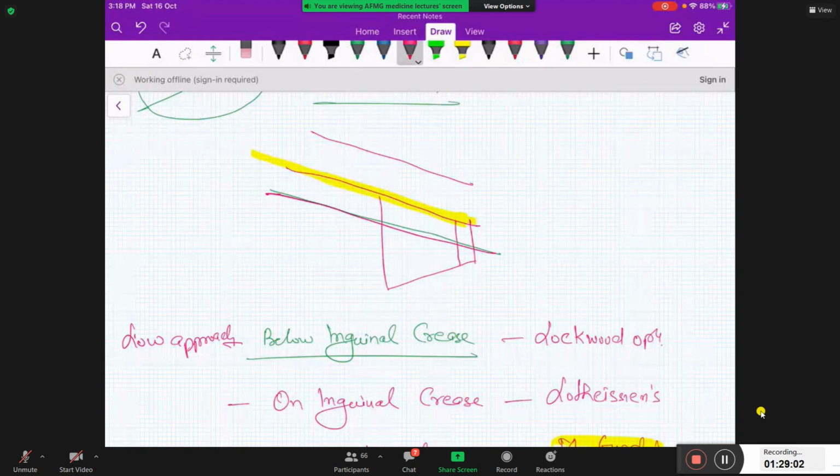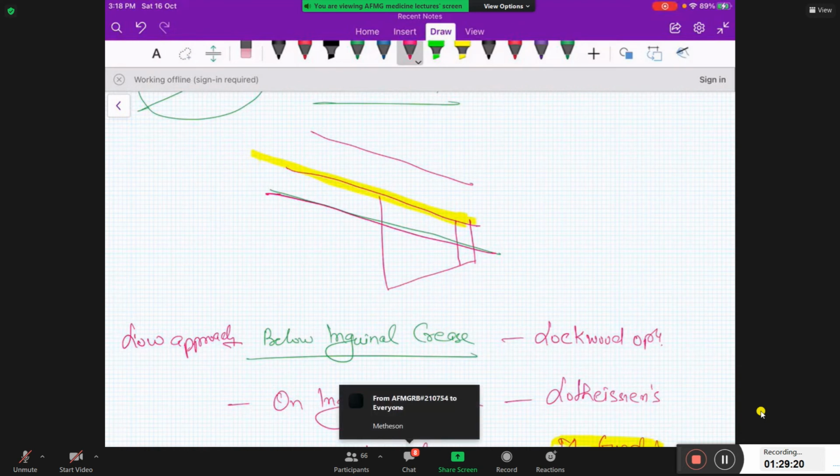Very good. What are we commonly using? Silk. Very good. And what technique should we use? What is that called? Single layer closure technique. What is that single layer closure called? Extramucosal or Matheson's repair.